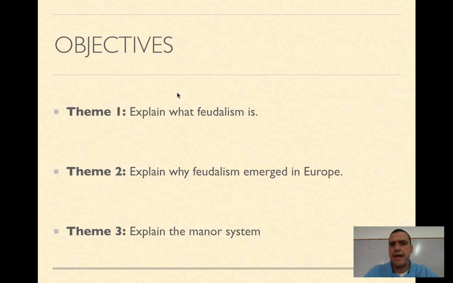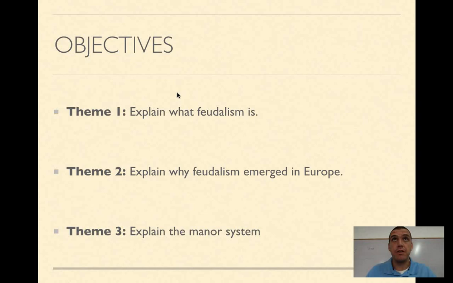So with that, our first theme, we're just going to explain what feudalism is, define it, just so you have a general idea. Then in theme 2 we can talk about why feudalism emerged in Europe. And theme 3, we're going to explain something called the manor system, which has to do with the economics of feudalism. And we can relate this back to section 1, in particular the changing style of governing that was taking place in the early Middle Ages, if you remember.